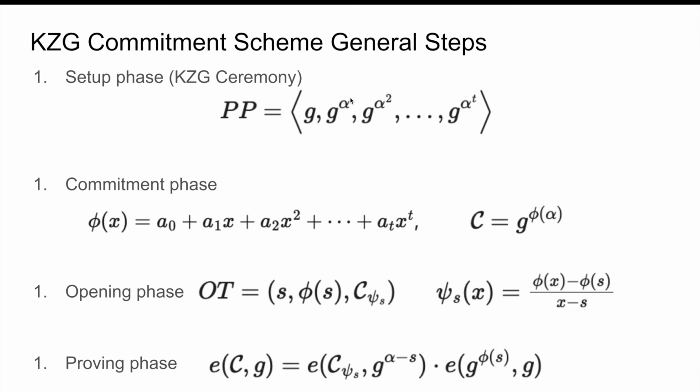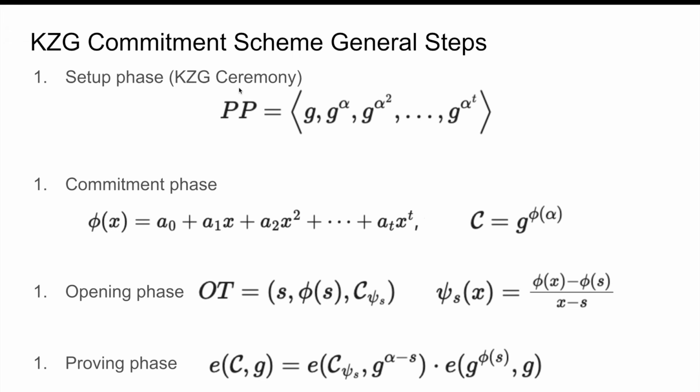If you know alpha somehow, then the whole commitment scheme will be useless. So you have to ensure you have some alpha which is completely secret, and you generate these points. To generate them with an alpha that is unknown, there is this concept called the KZG ceremony which Ethereum did.